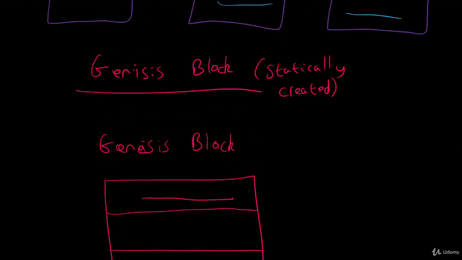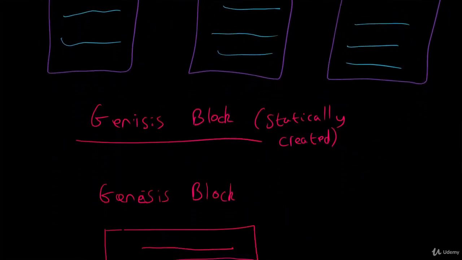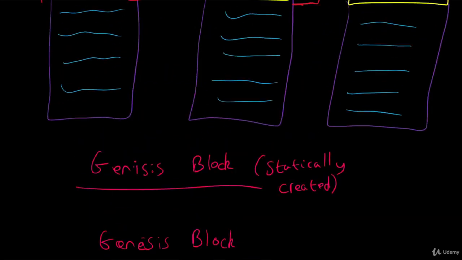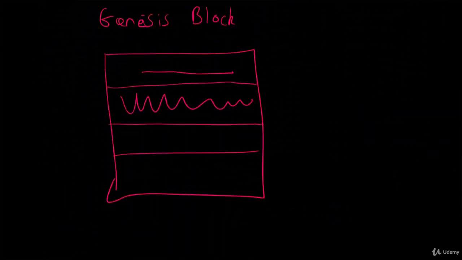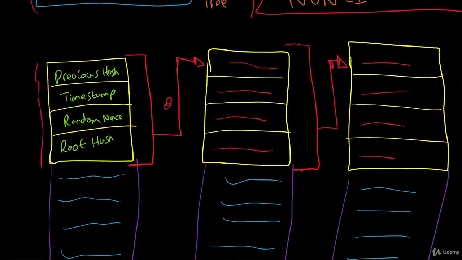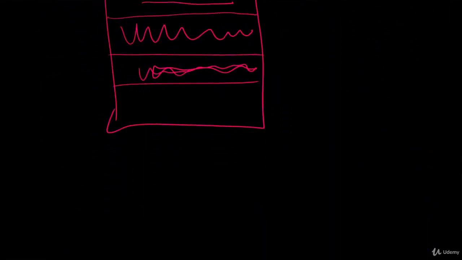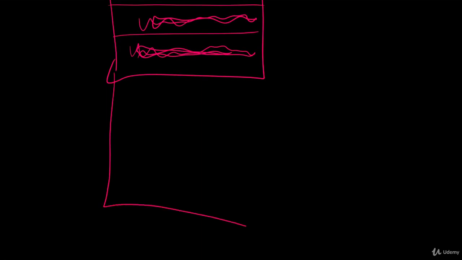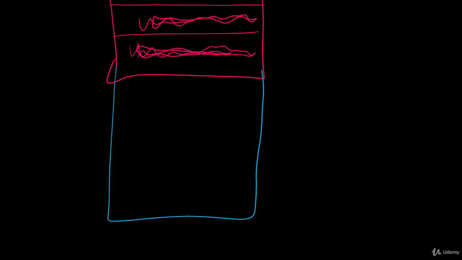The other fields, so the timestamp, the random nonce, the root hash, have a bunch of data in there. And then, the transactions are also non-existent. So we have no transaction, and this is just empty.